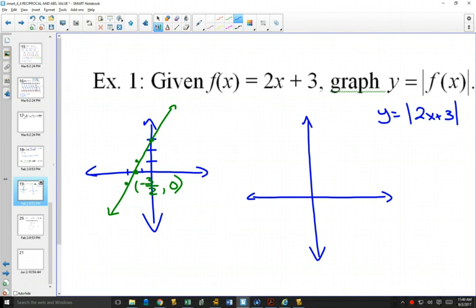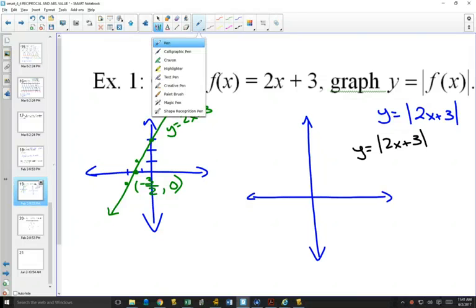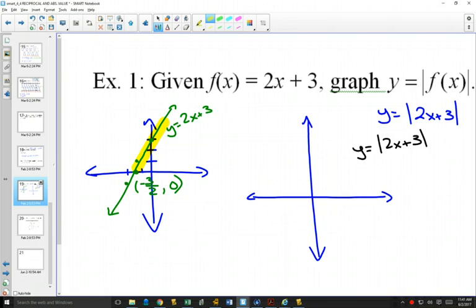because when we graph the absolute value, so here is 2x plus 3, and over here I'm going to graph the absolute value of 2x plus 3. All that's going to happen is your y values are all going to be positive. So wherever our graph had positive y values to begin with, which I'm going to highlight here in yellow, can you see that all the y values in that yellow section are already positive?